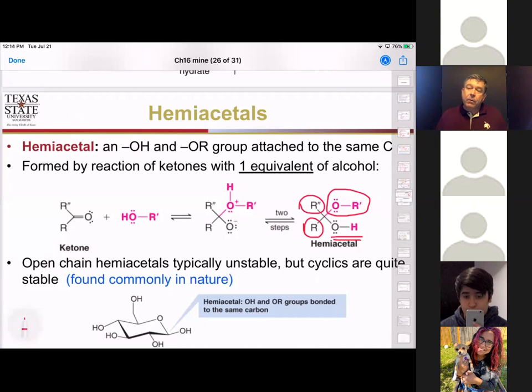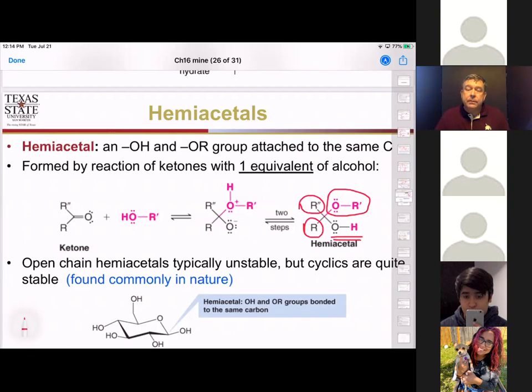So in general, they are not stable unless they form rings, okay? And that has a little bit to do with thermodynamics, but when it forms a ring, it can be stable. You can isolate it. It doesn't necessarily react very quickly with water, okay?